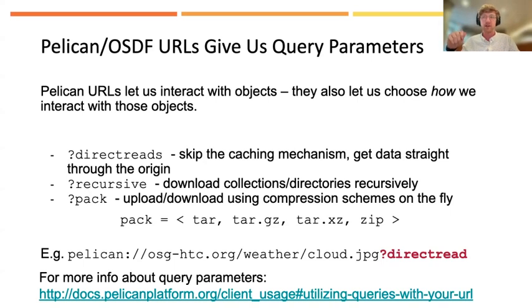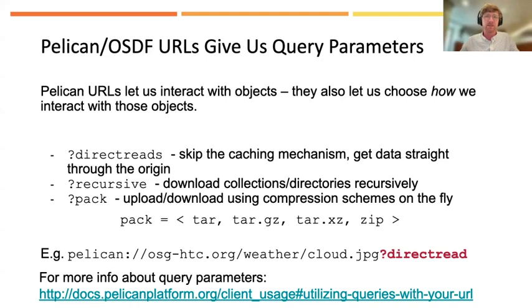So if I'm uploading a file to a remote location, and I use pack=tar.gz, it'll take the directory that I'm uploading, pack it up into a tar.gz, and then transfer it to the remote location. And similarly, if I'm downloading and the remote file is a tar.gz, then I can unpack it on the fly using the query parameter.